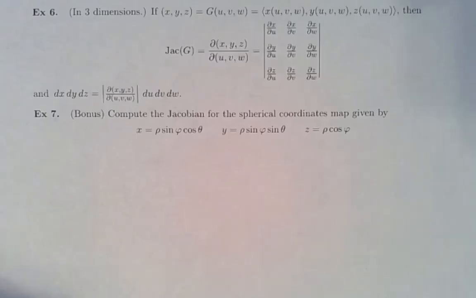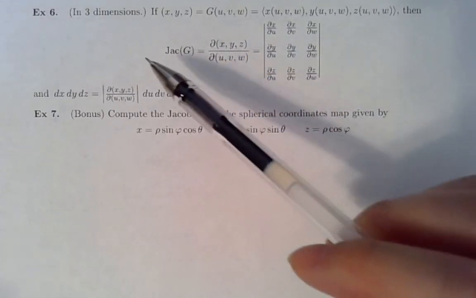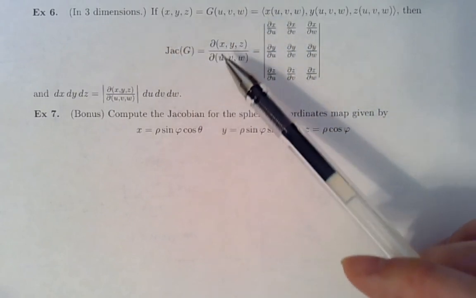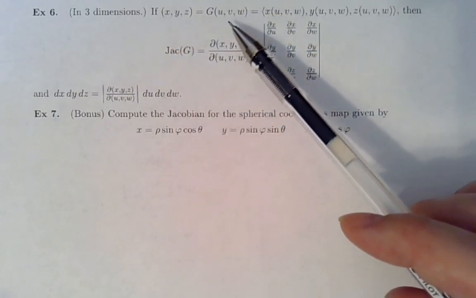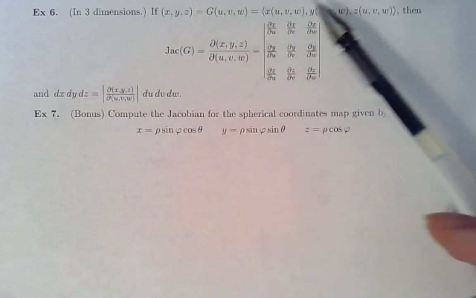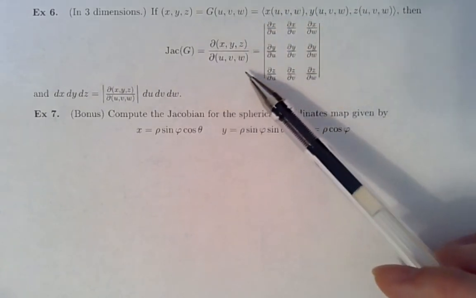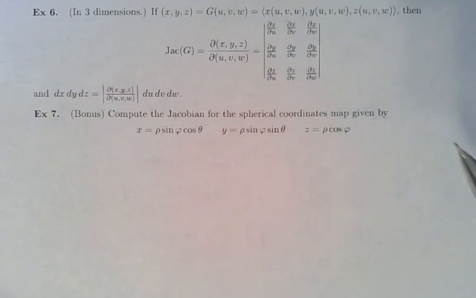I remember our motivation for doing all this was to get the formula for spherical coordinates. So I need to tell you what happens in 3 dimensions. Here, if G depends on 3 variables u, v, and w, and outputs 3 variables x, y, and z, then the Jacobian is defined as what you think it should be.